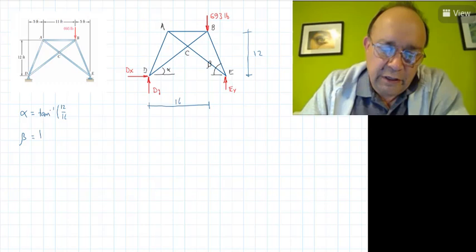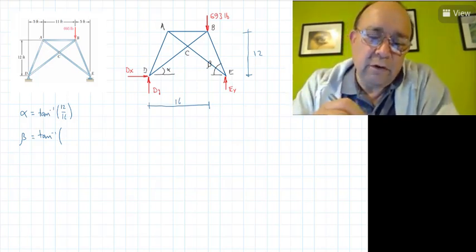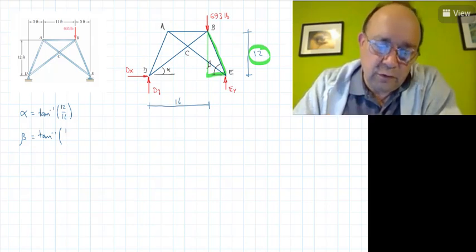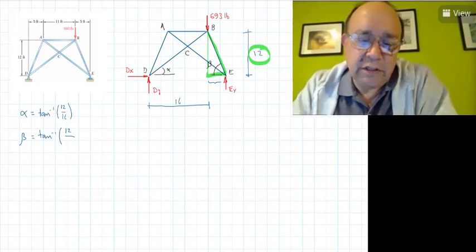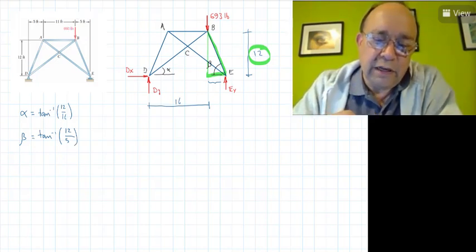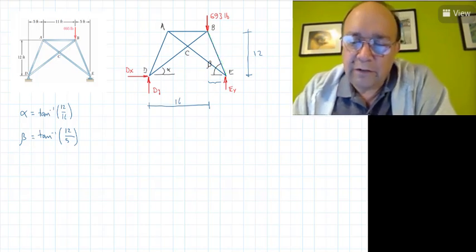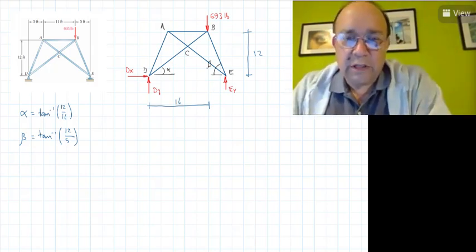And beta will be tangent minus 1 of, again, if we look at this triangle here, the same 12 over this little side here, which is 5. 12 over 5. So those are the angles that we need in order to do all the calculations. That will be enough. And those are all the bars, and the free body diagram is also showing the reactions.